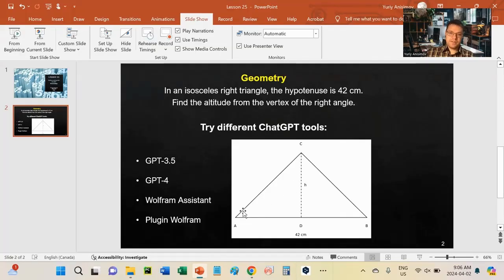Then here is 45, here is 45, here is 90. So then we end up with an isosceles triangle again. So ACD is an isosceles triangle, and then AD equals CD, and CD is H, the altitude. And in this case CD is 21 centimeters too. So that's actually how I would solve this problem.